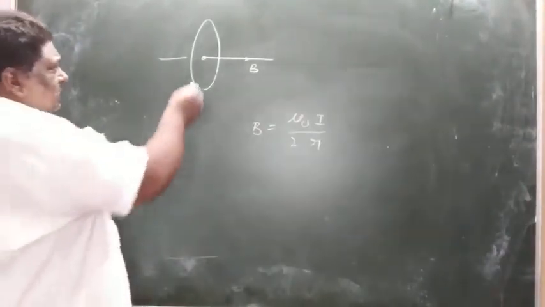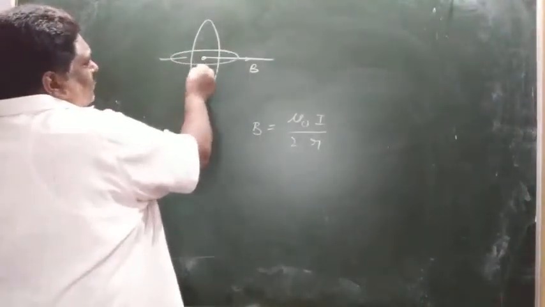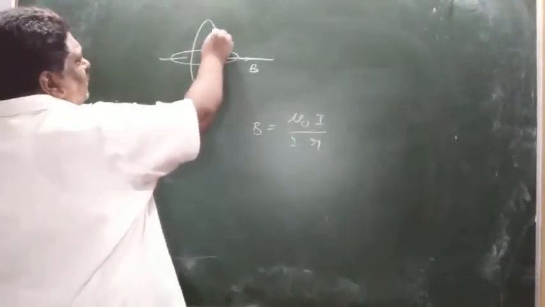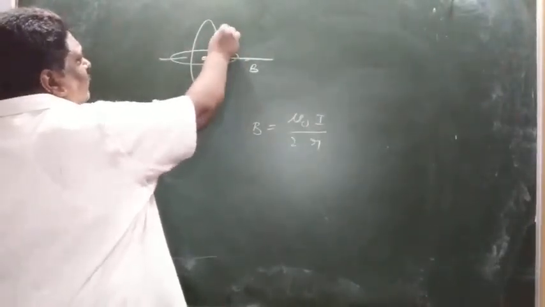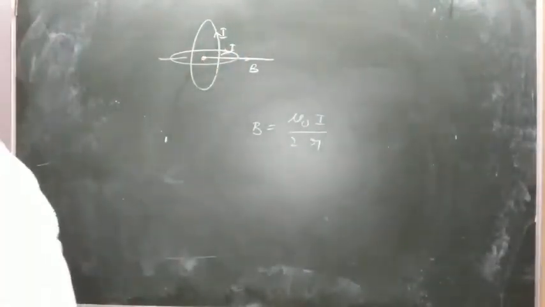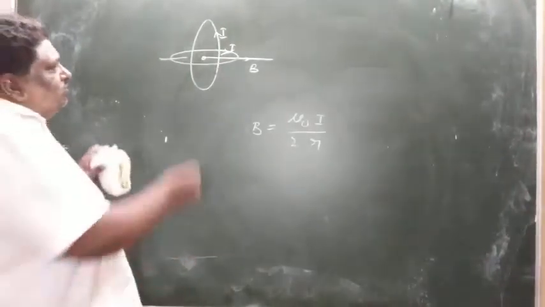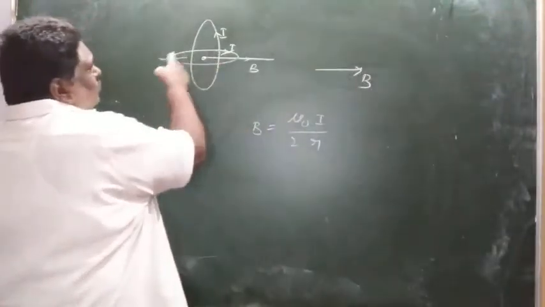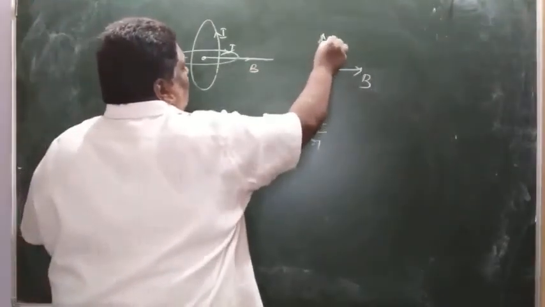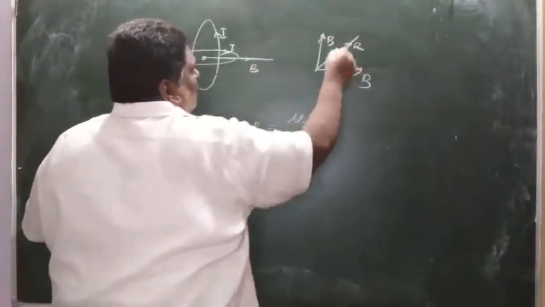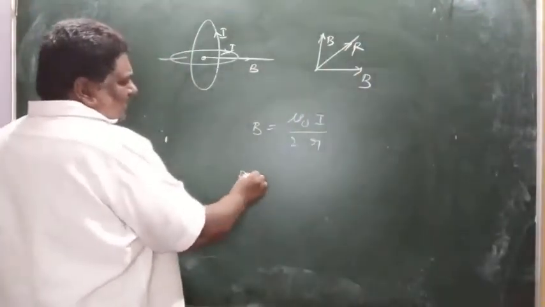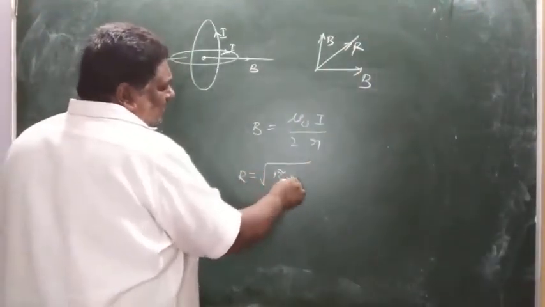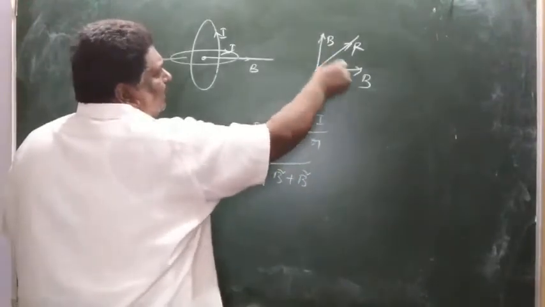Here another identical circular coil is present, and both carry the same amount of current. Then what is the resultant magnetic field? In one direction there is B due to one coil, and in another direction B due to the other. So the resultant is the root of B square plus B square, for two perpendicular magnetic fields.